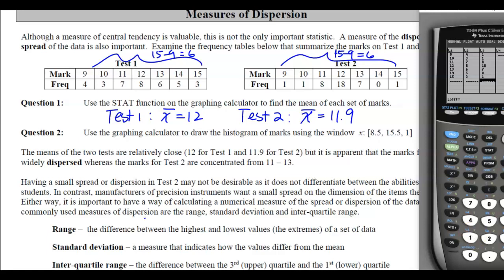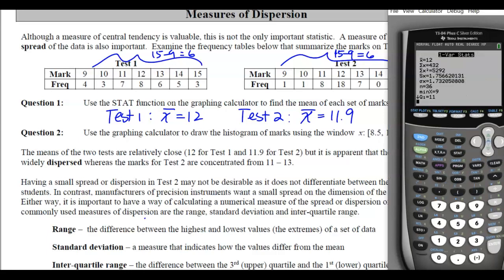Okay. So quit out of that, stat, calc, one variable stats, L1, L2. That's good. That's for test number 1. Okay, and our standard deviation is 1.73.